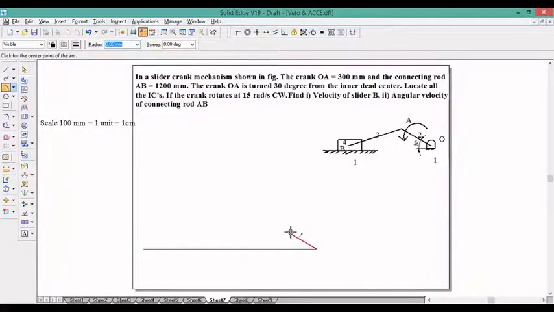Take the compass, keep the compass at this point, and take a 12 centimeter radius and cut an arc.